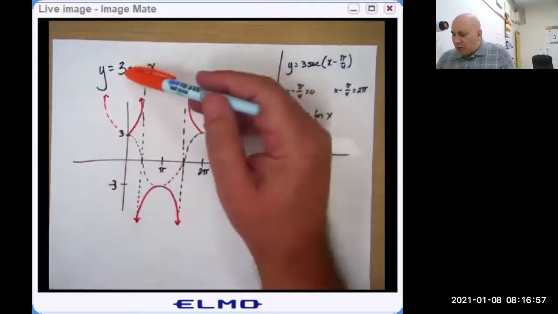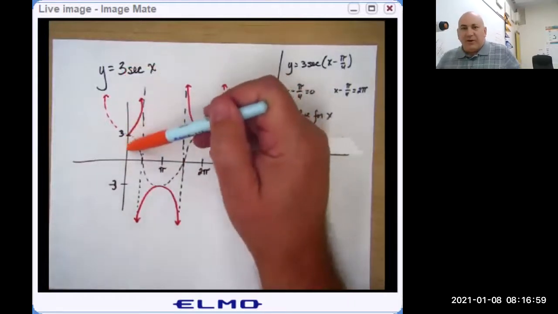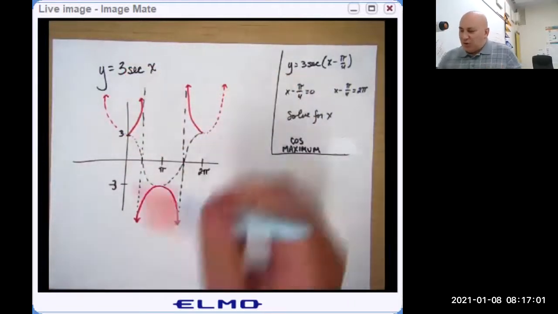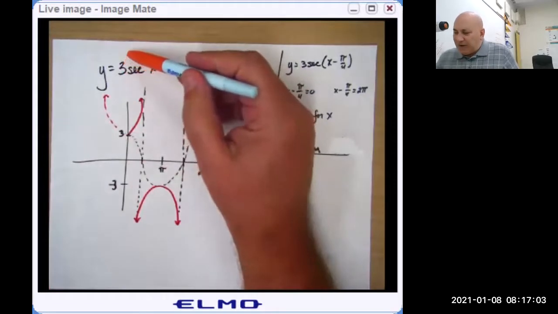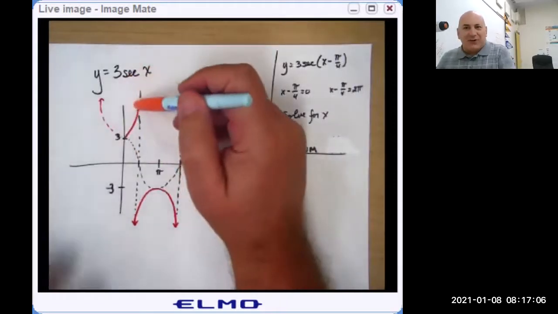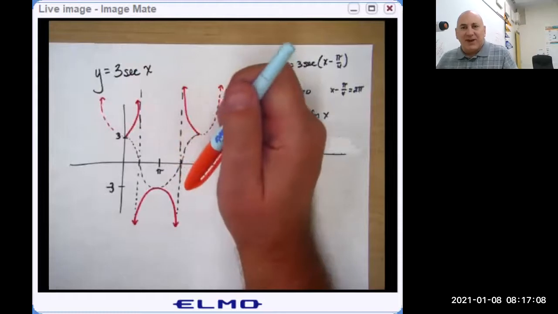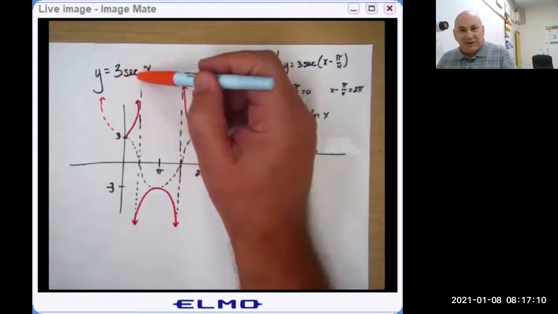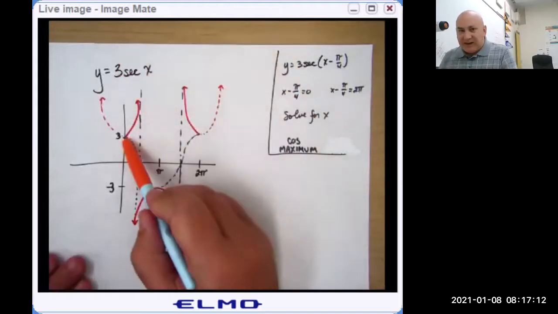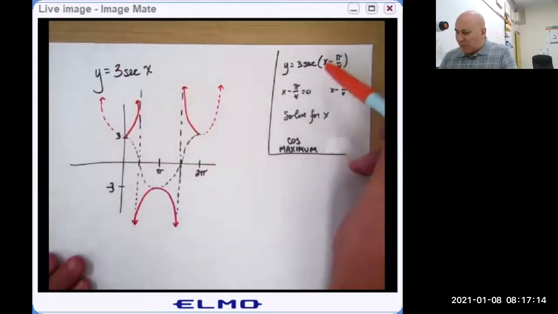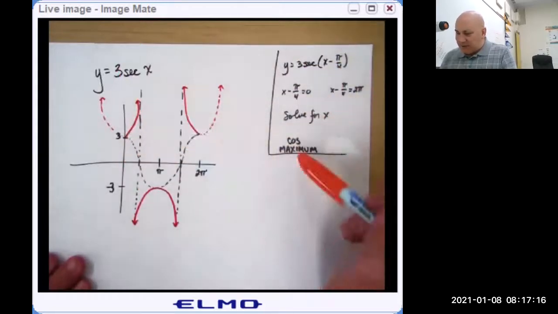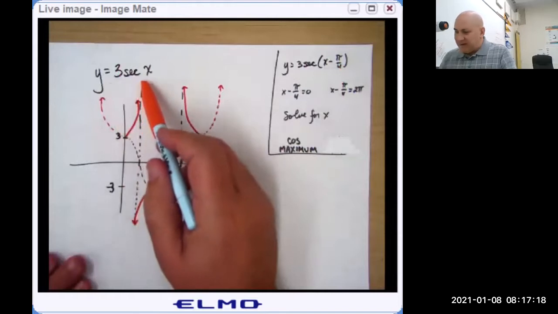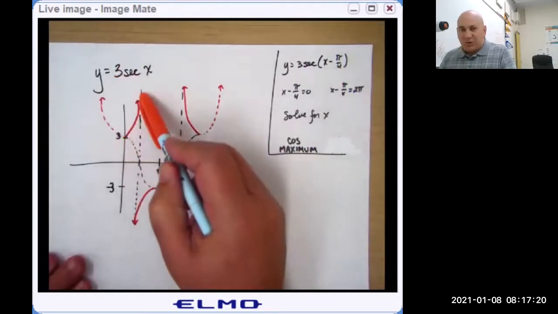Now you might say, well, why isn't it 1/3? Because it's not. This isn't 1 over 3 times cosine theta. It's 3 times 1 over cosine theta. So if cosine theta is 1, 1 over that is 1, times 3 is 3, and then it'll work up here.